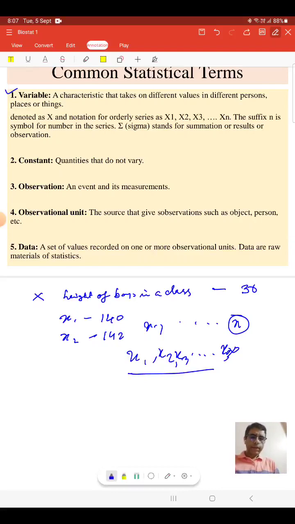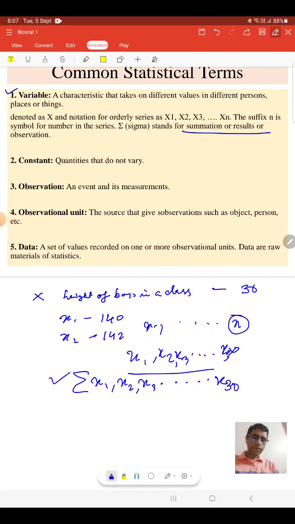The sigma sign, or summation sign, stands for the summation of the results of observation. So when you mention the summation, you say sigma of x1, x2, x3 up to xn, or in this case x30.